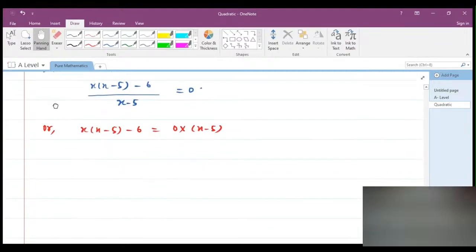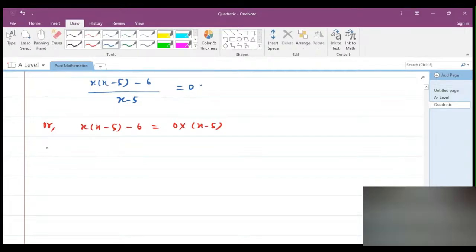So the next step here will be x square minus 5x minus 6 equal to 0. There is no problem to understand up to this step.